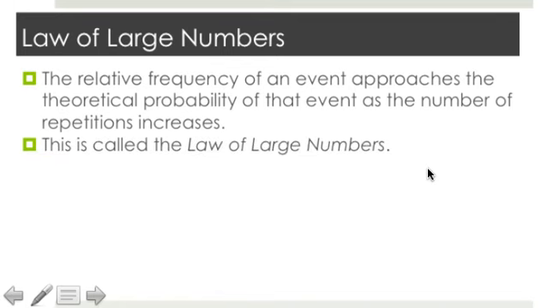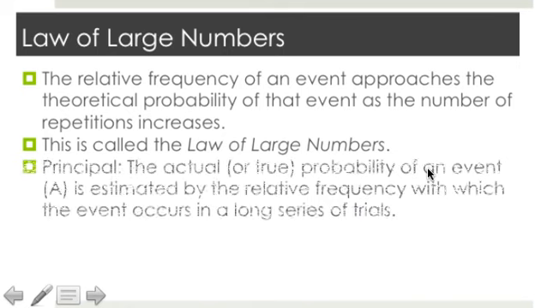This is called the law of large numbers. The basic principle is that the actual or true probability of an event A is estimated by the relative frequency in a long series of trials. So if you were to flip a coin many times, hundreds and hundreds of times, the more you do that, the more likely it is that the percentage of those coins that lands on heads will get to 50%.